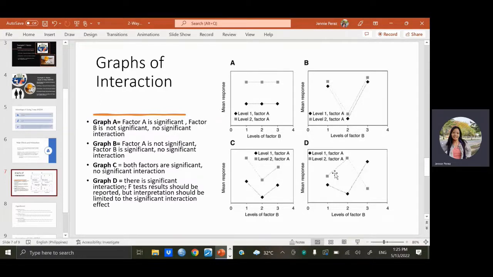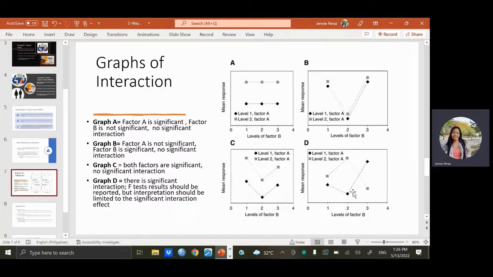Now, in this graph D, it shows us that there is a significant interaction because the lines here are converging. Okay, at some point, the two lines crossed, showing us that there is a significant interaction between the two factors.